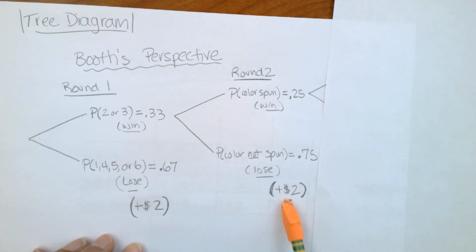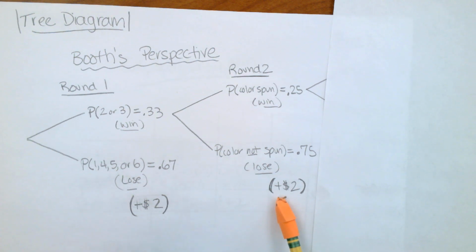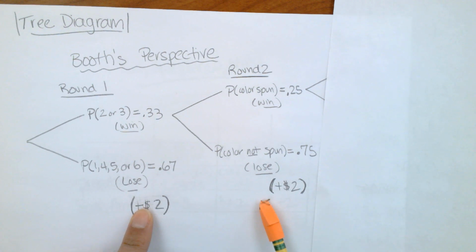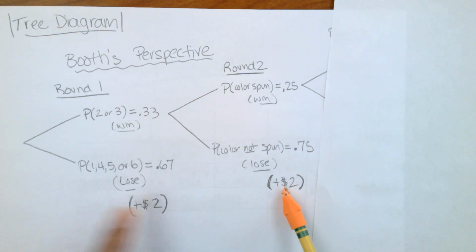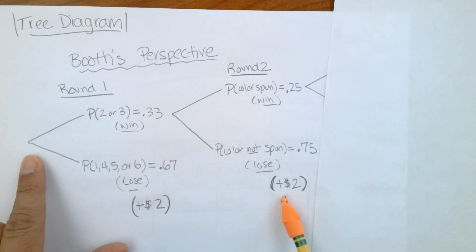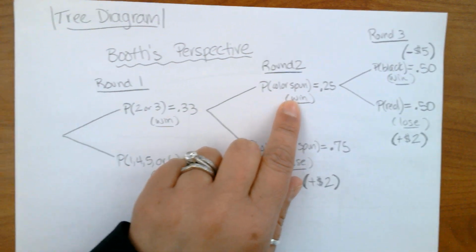That means I get to keep their $2, so I am up $2 here. So I have two chances here. I can be up $2 here or up $2 here. Okay, so if they lose, they walk away. They can start over if they want, it's fine. But if they keep going, they get to go to round three.